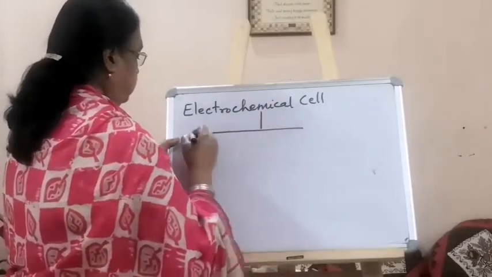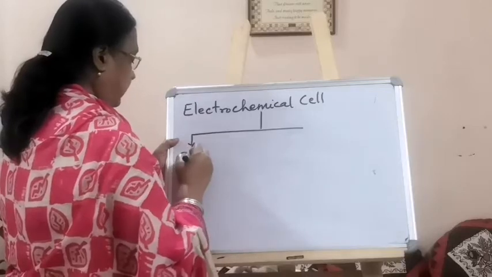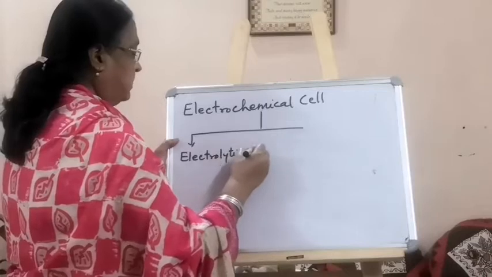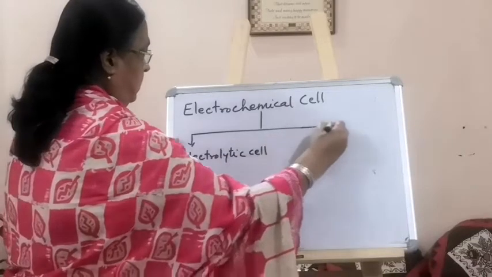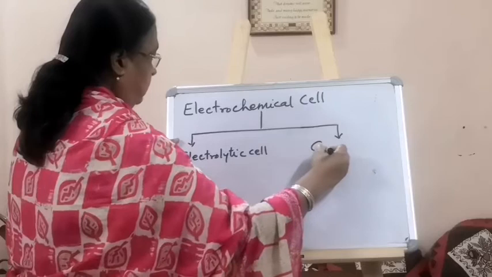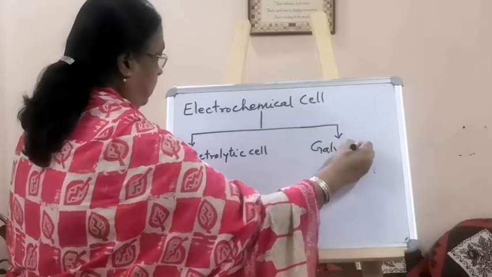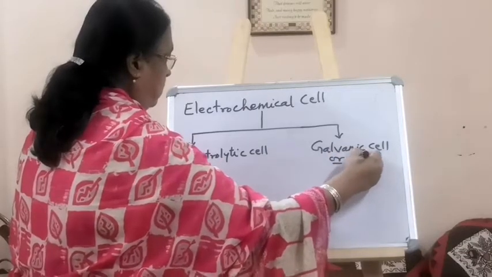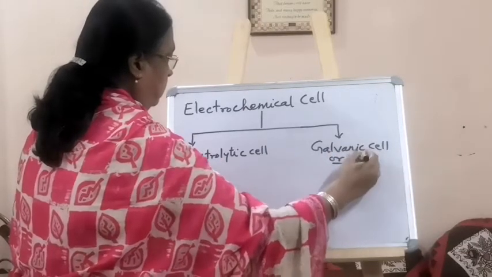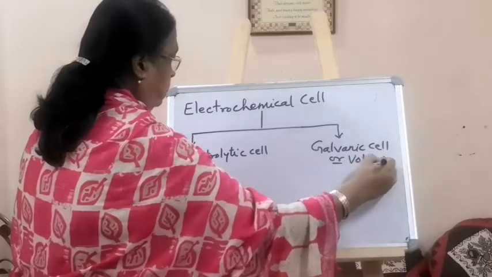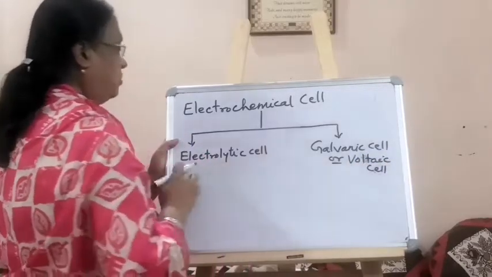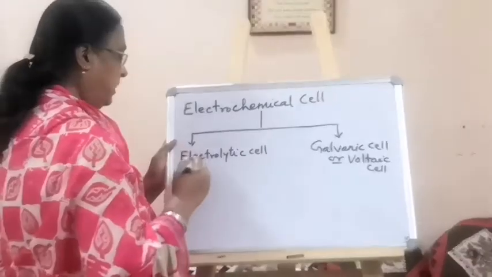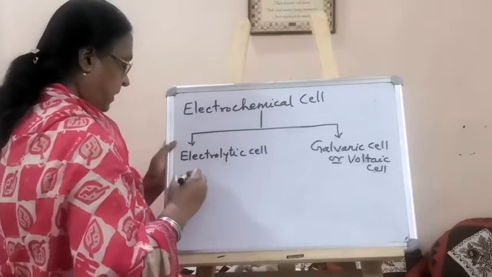One is the electrolytic cell, and the other is the galvanic cell, which is also called the voltaic cell. You have studied that.